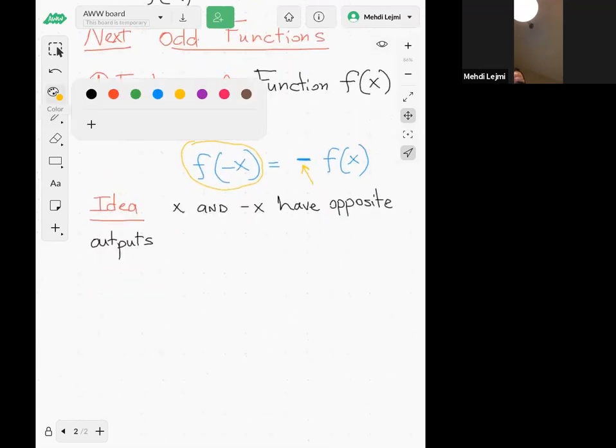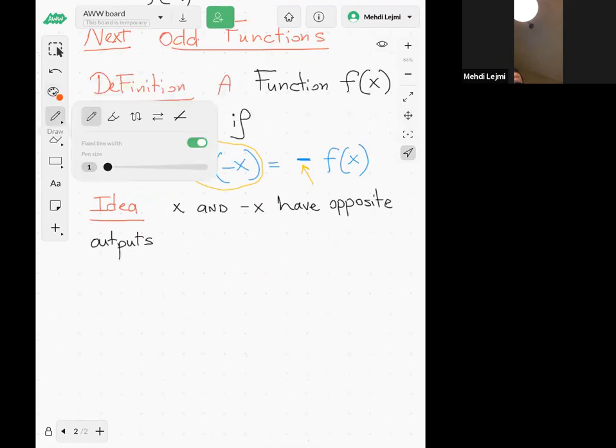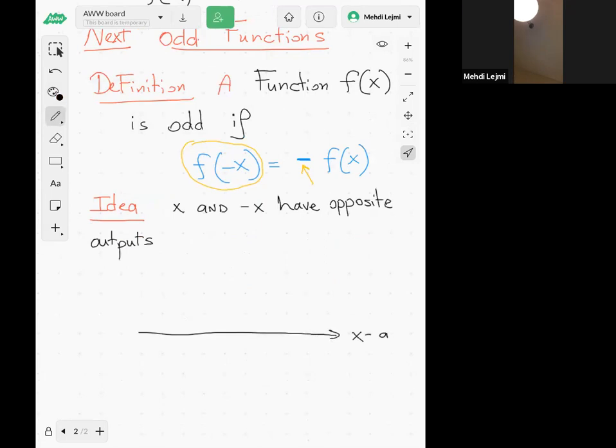So let's say you have a graph. Let's see what happens when we have an odd function. Okay, so let me take an example. Here's my x-axis, and this is the y-axis. Let's say this is 1, 2, 3, and this is -1, -2, -3.